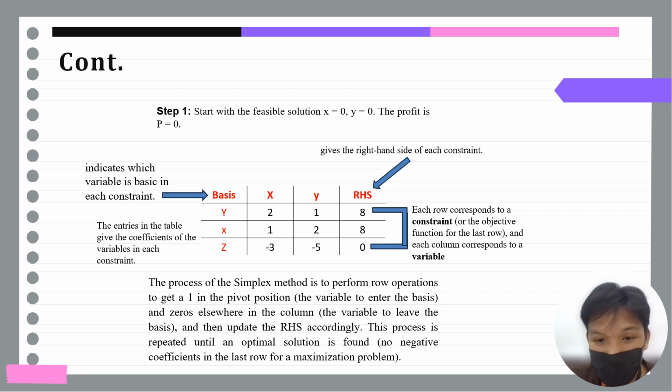Then the RHS, called the right hand side, is the right hand side of each constraint. That's what it's called.